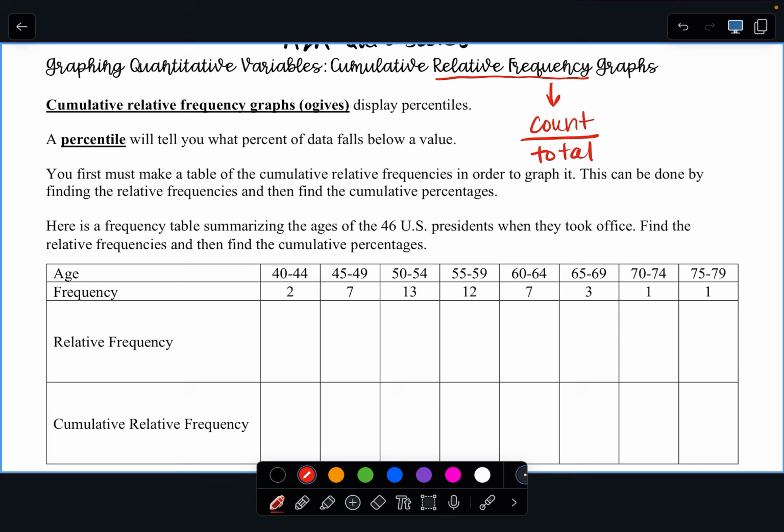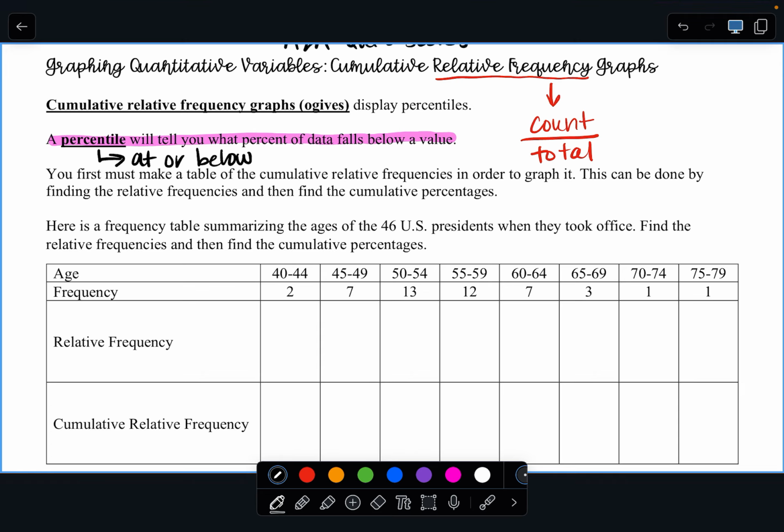So we did this for the president's state of birth, and we did it for their political party in the 1.1 notes. And what I need you to highlight and make sure you know: a percentile will tell you what percent of data falls below a value. So what I like to say is, percentile is at or below.